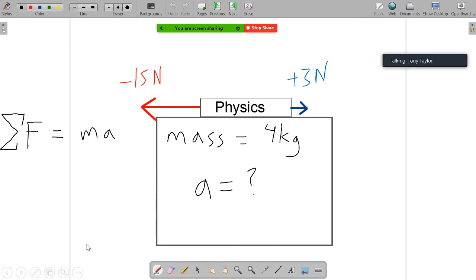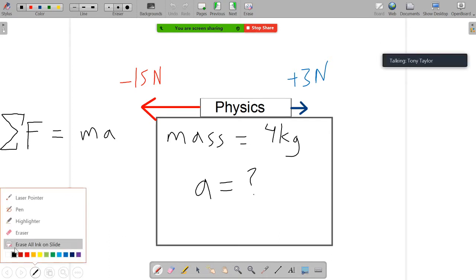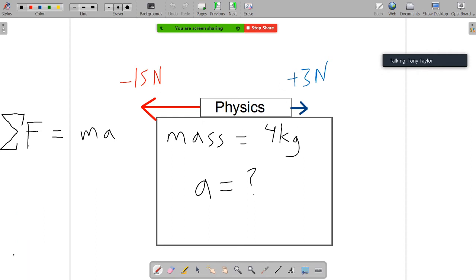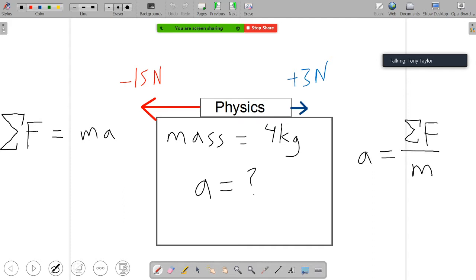So if I rearrange this equation to solve for acceleration, in this case, acceleration is the sum of my forces divided by my object's mass. And of course, can someone tell me what are the sum of the forces here acting on this book? Anyone?